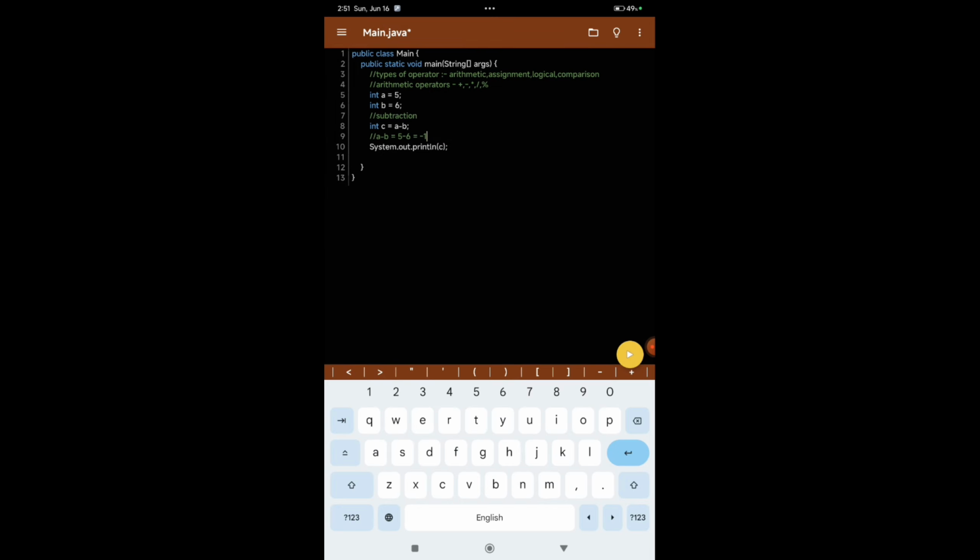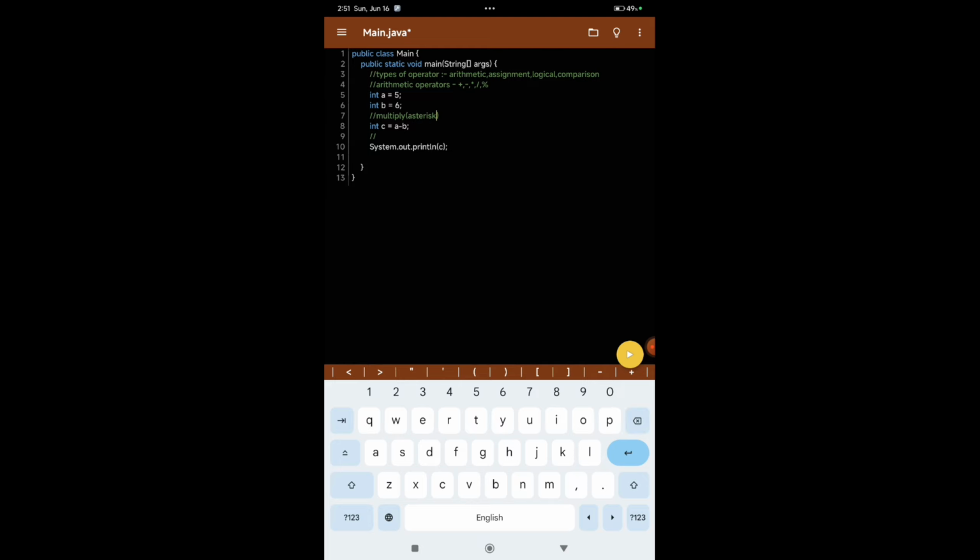Now let's understand the third operator, which is the multiplication operator. I can say multiply. It is called asterisk. Remember the name because it may help you in higher courses.